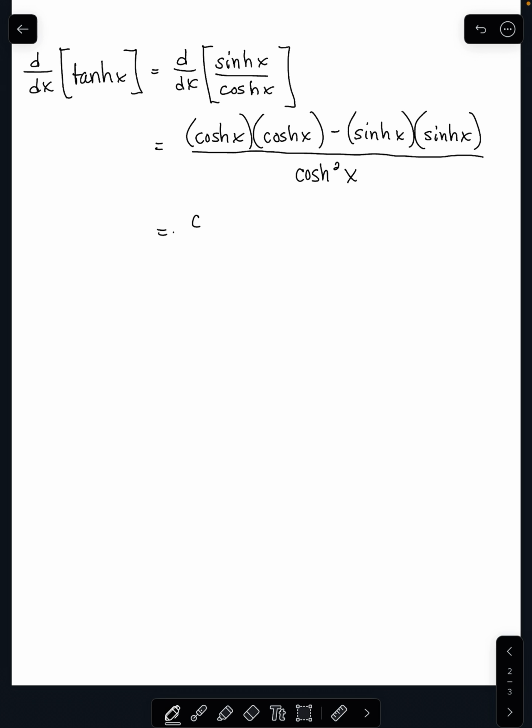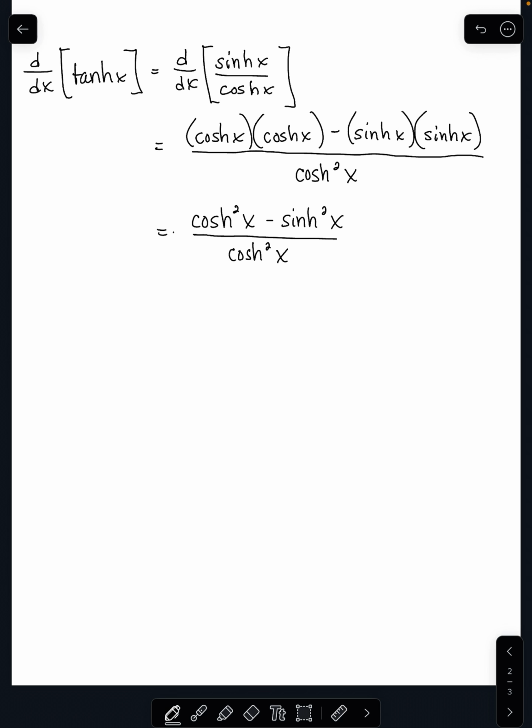To simplify the top a bit, we have hyperbolic cosine of x squared minus hyperbolic sine of x squared. Now, again, be careful. The hyperbolic identities are not exactly the same as the trigonometric identities in all cases.